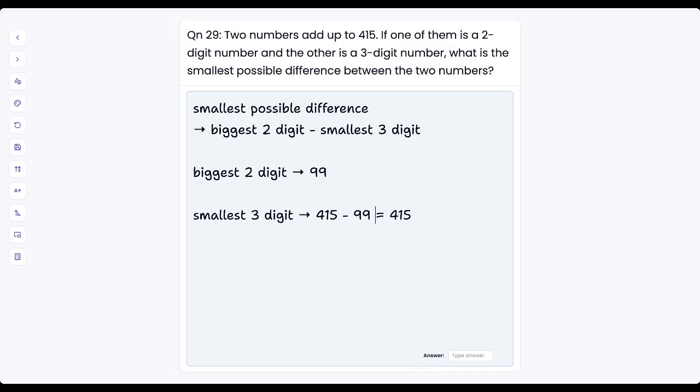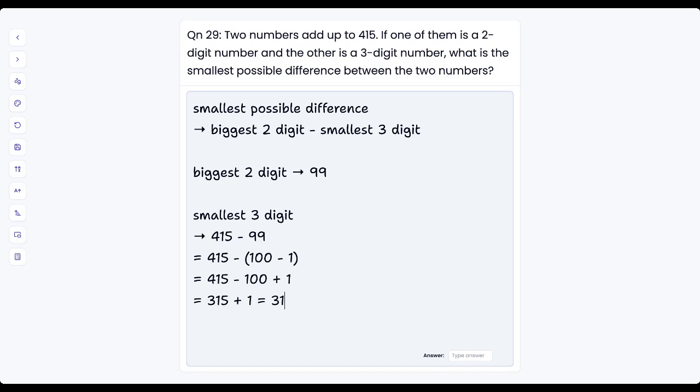Let me just show you. 415 minus 99 is the same as 415 minus 100 plus 1. Okay, you have to be careful on this. So 415 minus 100 is 315, plus 1 is equal to 316. So the smallest 3-digit is 316.